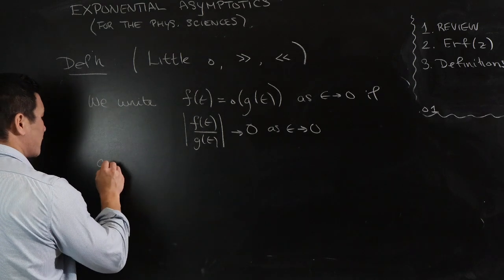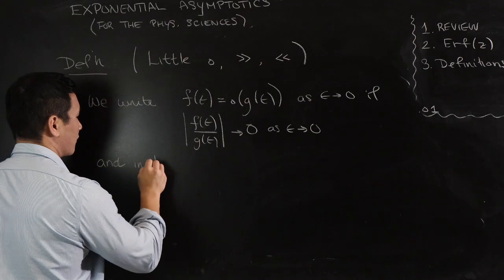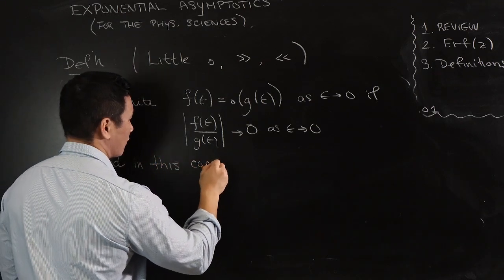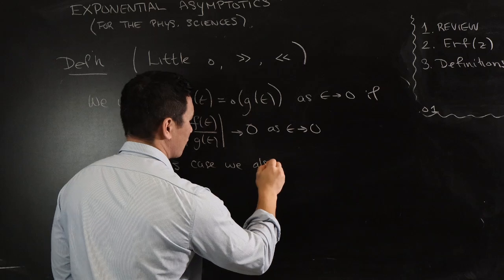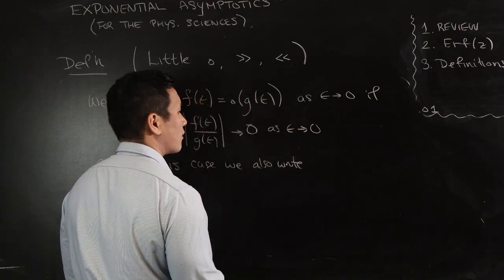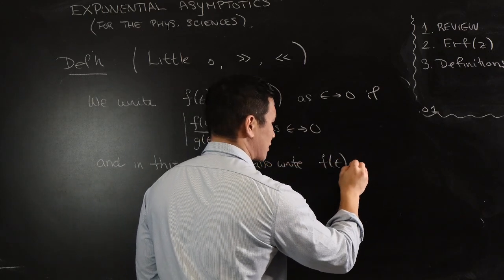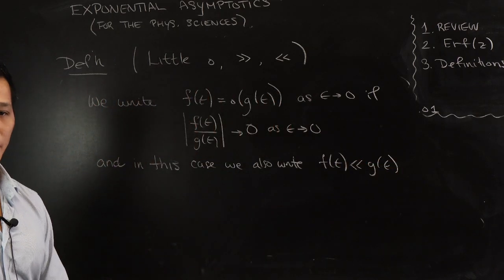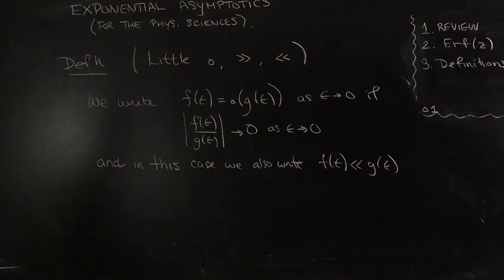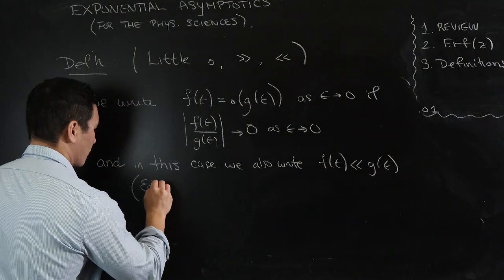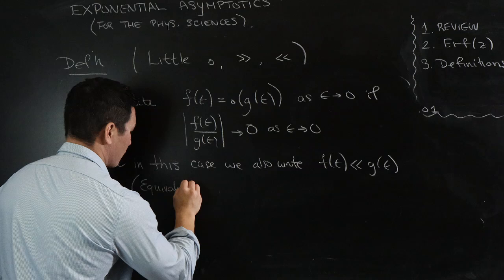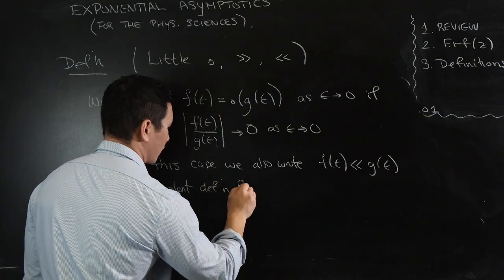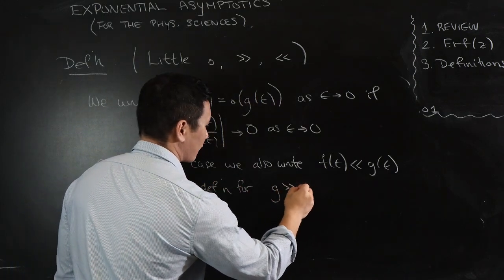In this case, we would also write that f of epsilon is much less than g of epsilon, again in the limit of epsilon tending to 0. And then there's an equivalent definition for g much greater than f.